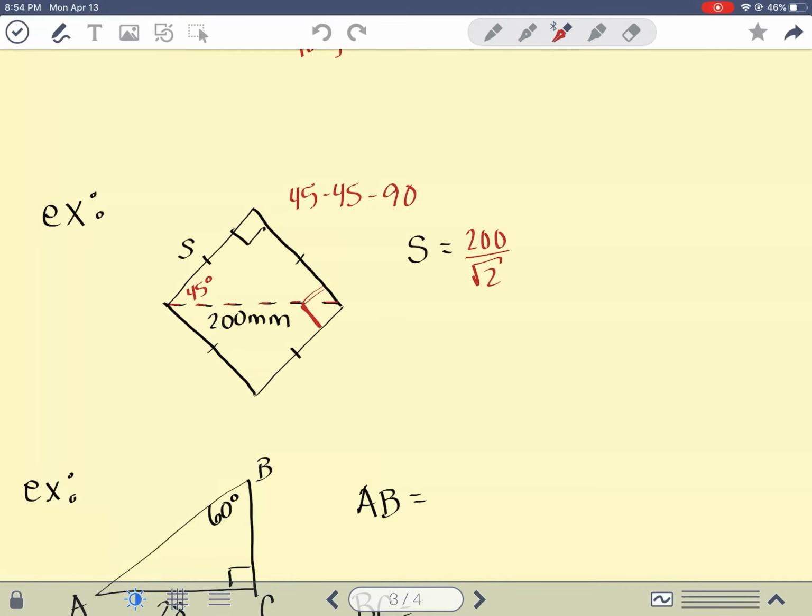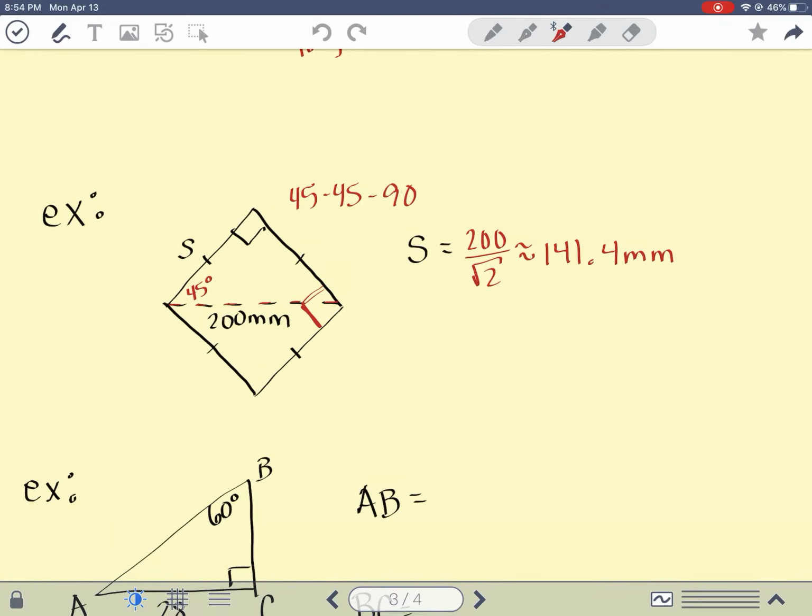All right, so we get approximately 141.4 millimeters. That's just rounded. Took me a little bit of a second because I had to type it into my phone calculator because I don't have my calculator on me.